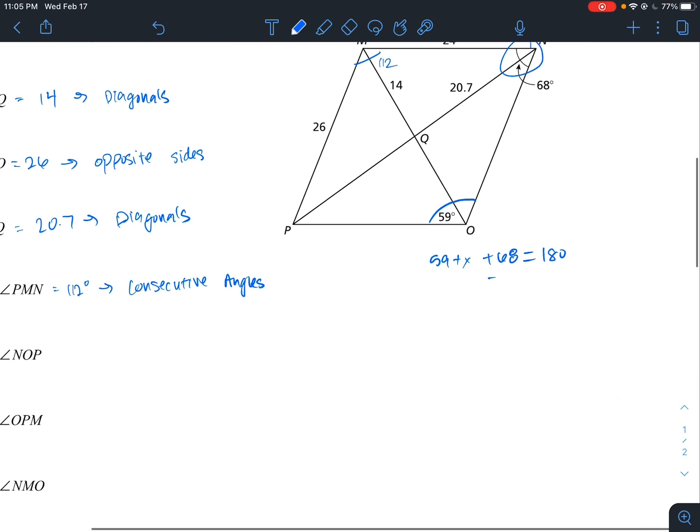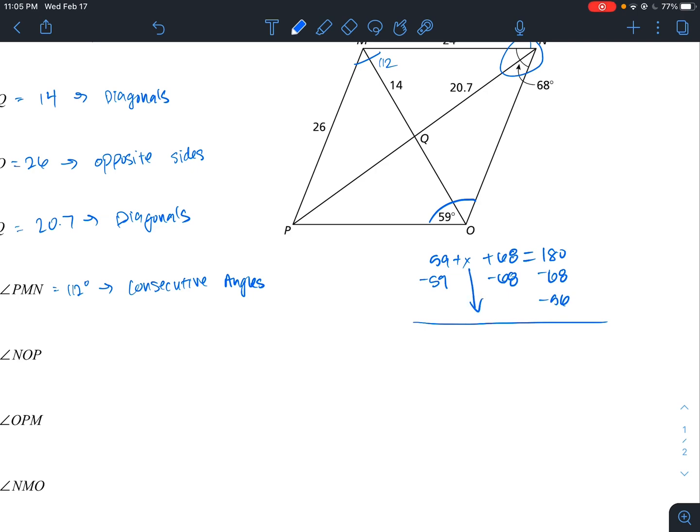So I can subtract 68 from both sides. I could also subtract 59 from both sides. So here I'm just left with the x.